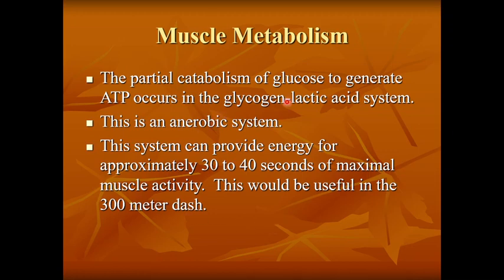The partial catabolism of glucose to generate ATP occurs in the glycogen lactic acid system. This is an anaerobic system. See, the partial catabolism of glucose, not complete, that is the breakdown of glucose to generate ATP.